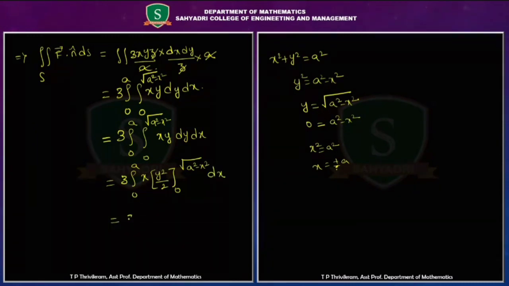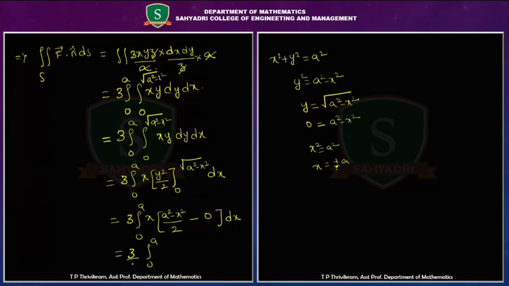We get 3 integral 0 to a of x into (a square minus x square) by 2 dx.